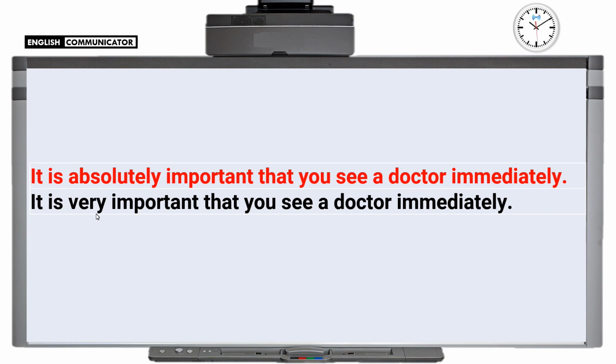Somebody is just telling you that it's important information. If there is a crosstalk, then you can say absolutely important or least important. But this is just information, so please use very important. It is very important that you see a doctor immediately.